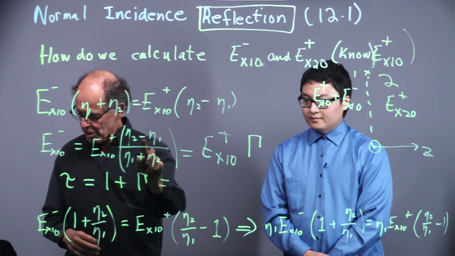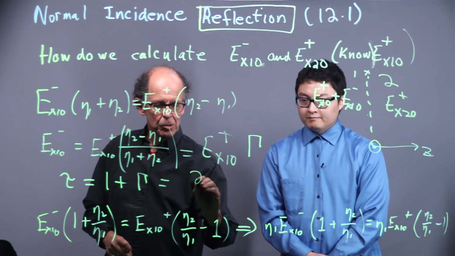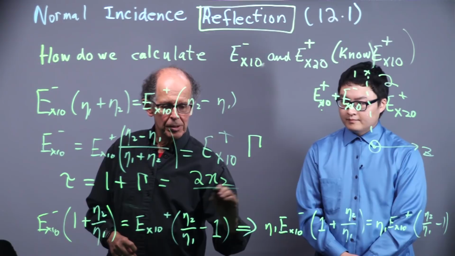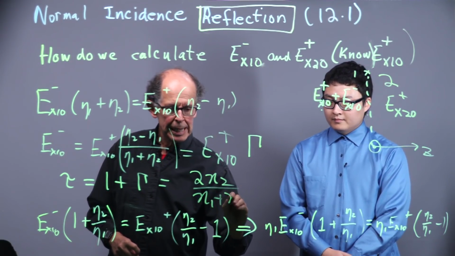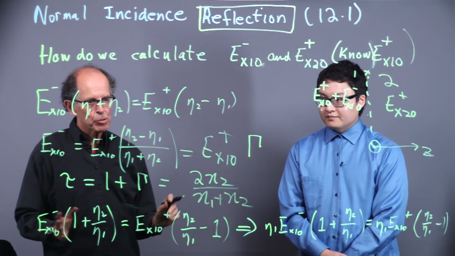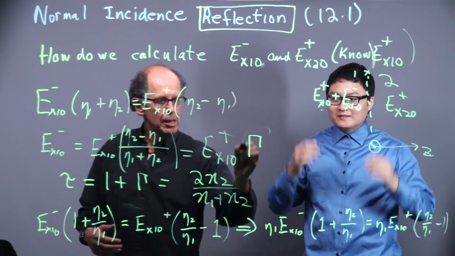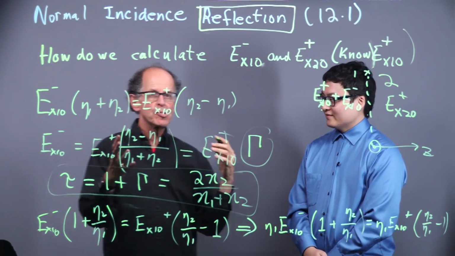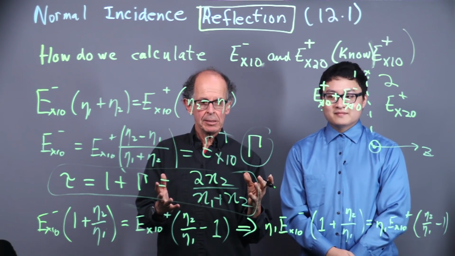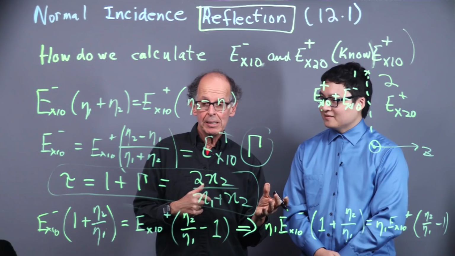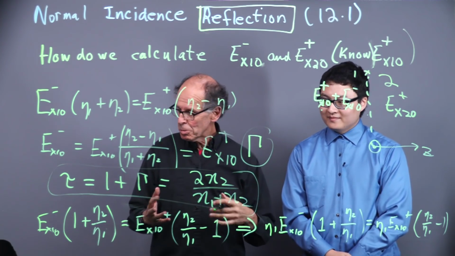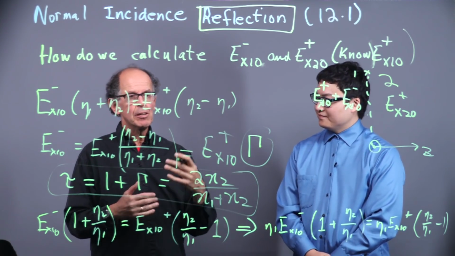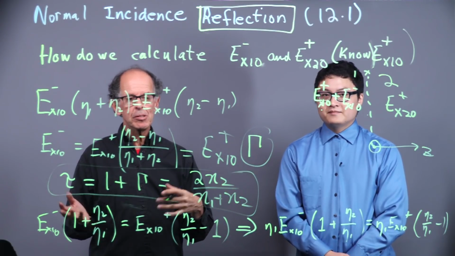It's 1 plus this factor, and you get 2 eta 2 over eta 1 plus eta 2. Wow, so there it is. We've got gamma, we've got tau. We see that it's the same as transmission lines. No surprise there.